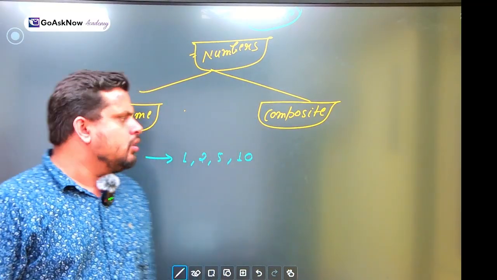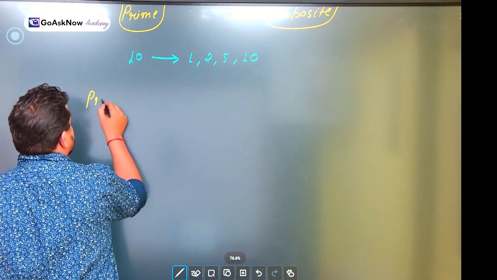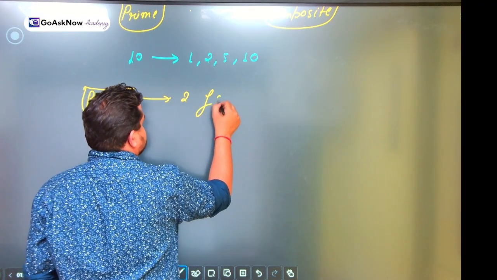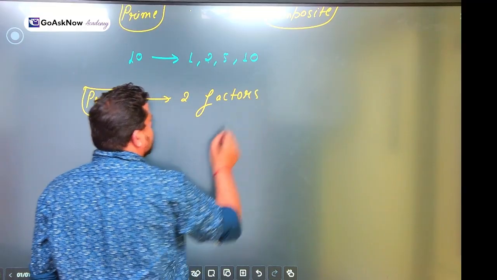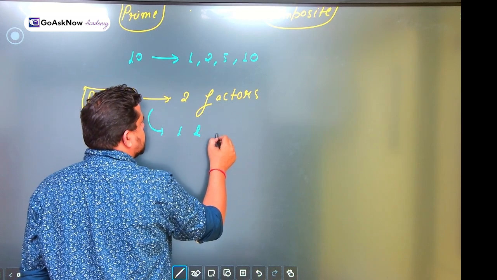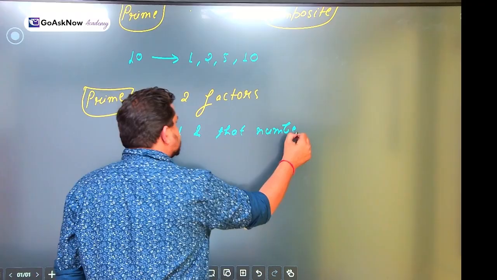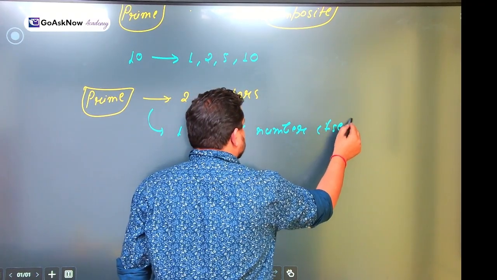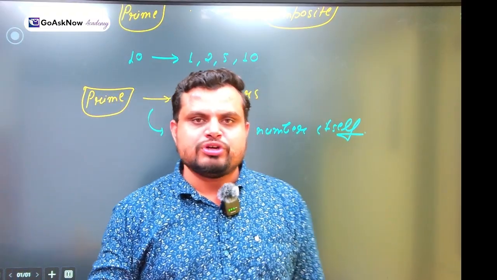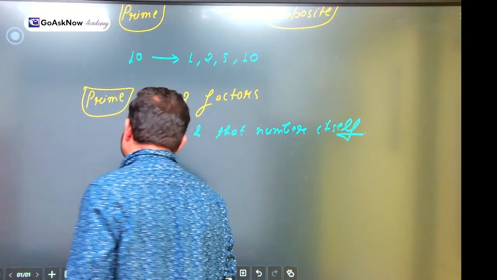Now, prime numbers are those numbers which have only two factors, one and that number itself.